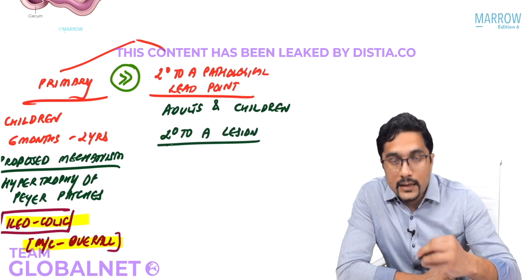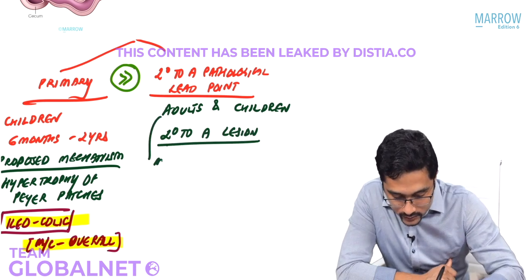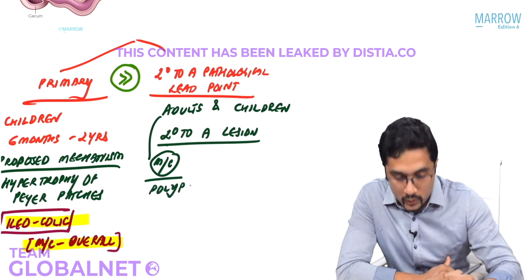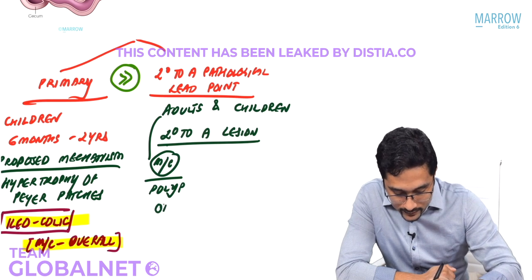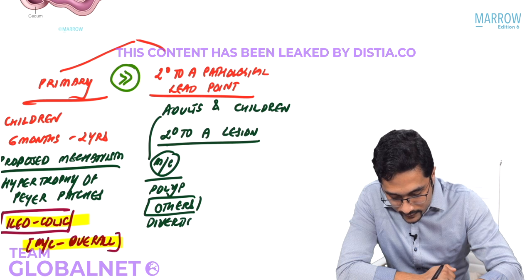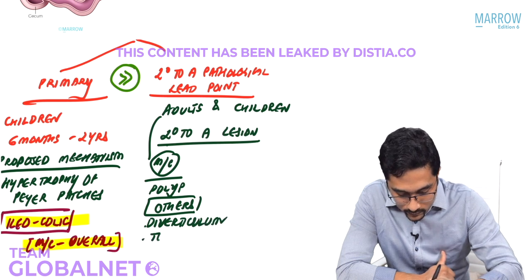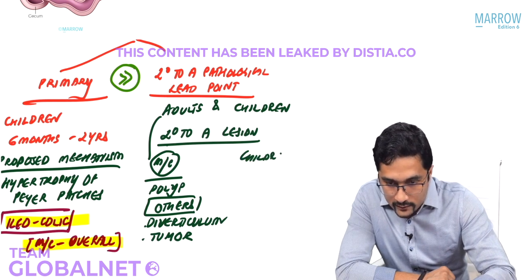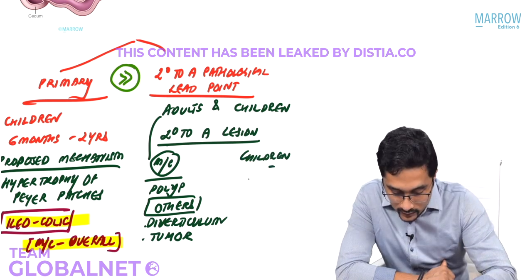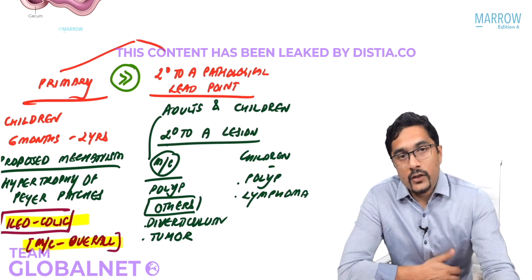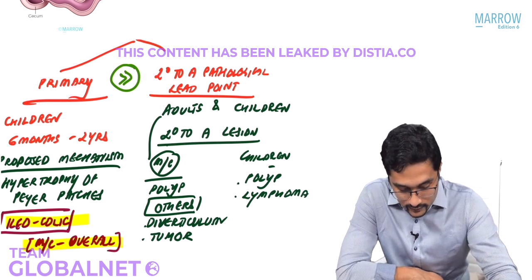Now this lesion in adults, the most common secondary lead point is a polyp. Others can be a diverticulum. Meckel's diverticulum can also give rise to this, or a tumor can also give rise to this. In children also it can be a polyp, it can be lymphoma, which can trigger a secondary intussusception in children as well.